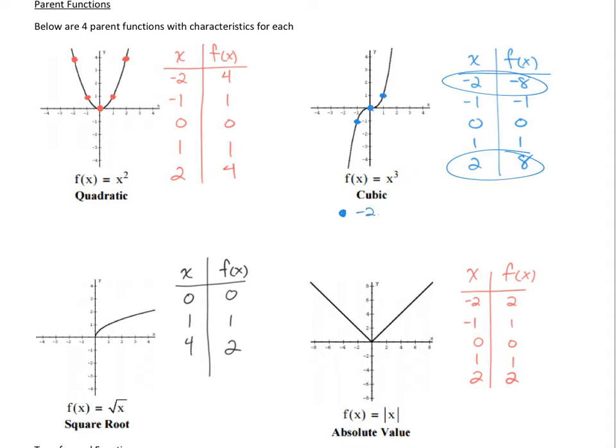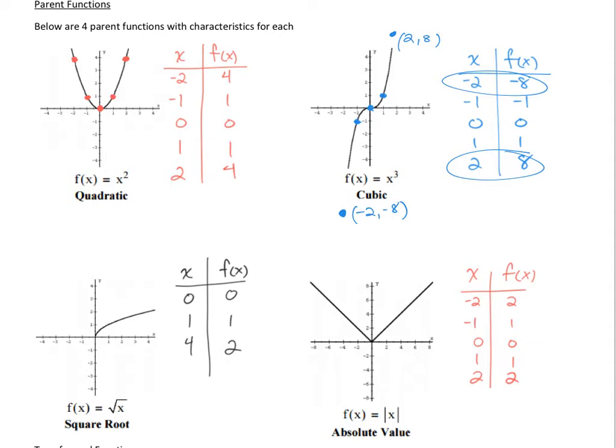That is negative 2, negative 8. And then way up here, somehow, something like this, that will be 2, 8. So it is important to know these points as well, even though I don't have the room to put them on this graph. And again, those points will be important to know when we begin to graph.